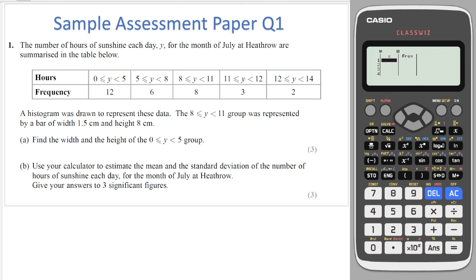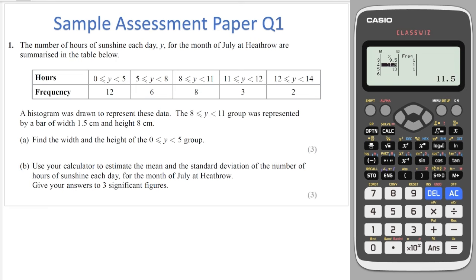Okay, so now I can put in my x values, which are the midpoints, so 2.5, 6.5, and let's say maybe I didn't know what this midpoint was, so I could do 8 plus 11 divided by 2, and that'll put it in there for me, 11.5 and 13.